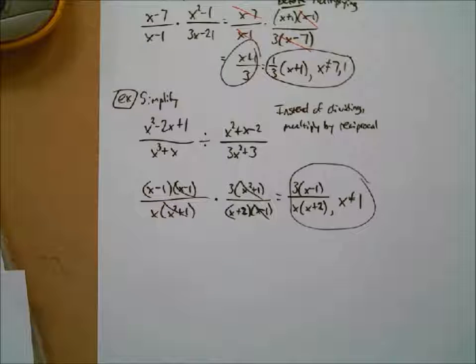Page A46, numbers 49 to 55, the odds, 63, 65, 69, and 71. And of course, don't forget there's your TenMarks too that you could be working on as well.